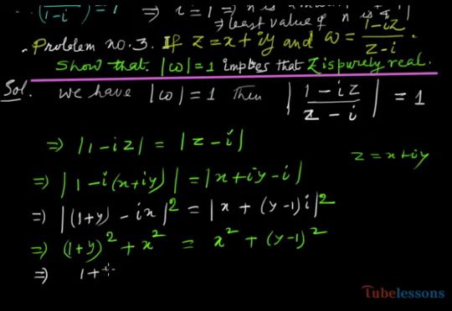So (1 plus y) whole square is equal to (y minus 1) whole square. 1 plus y square plus 2y.